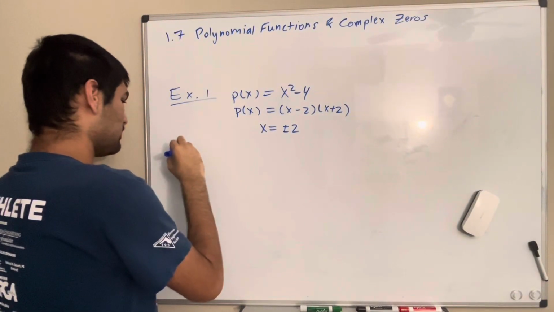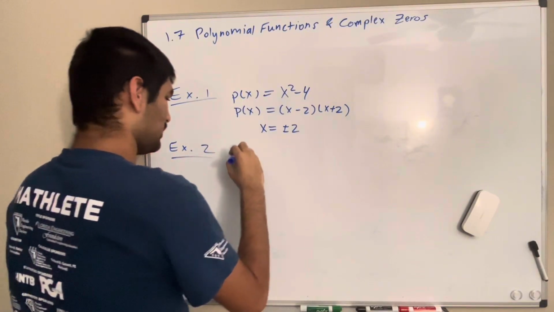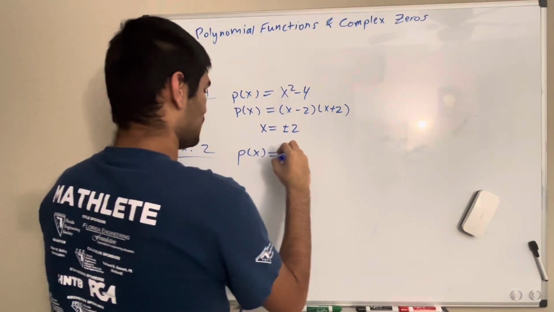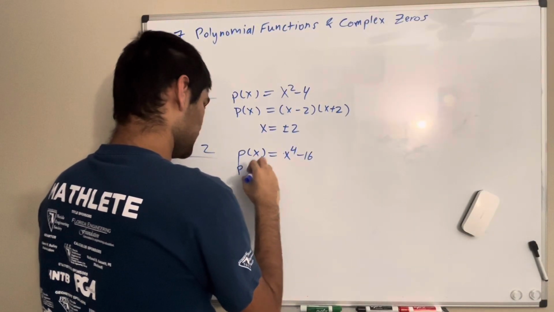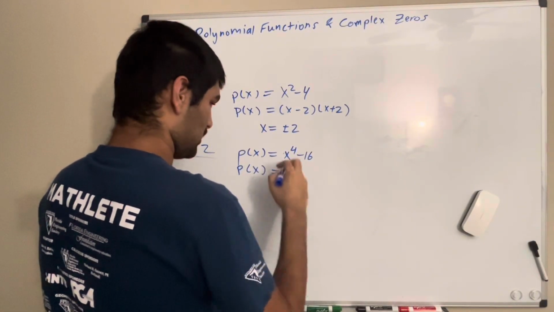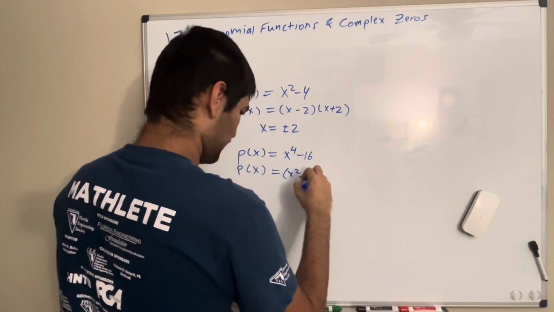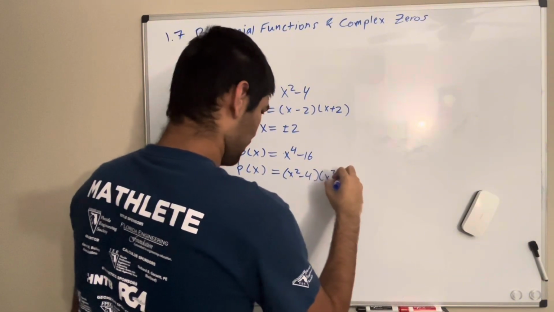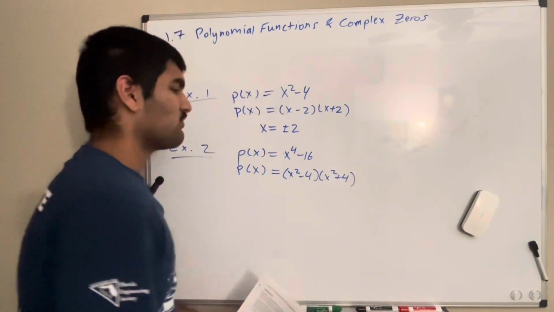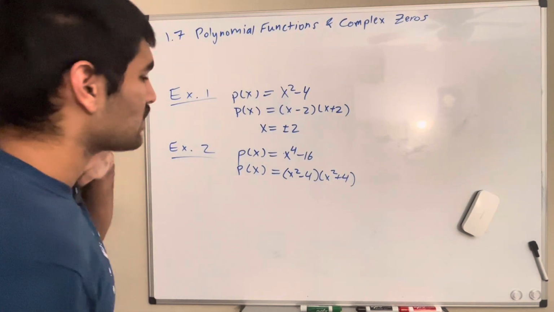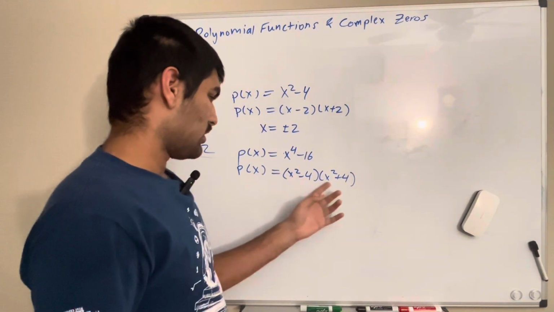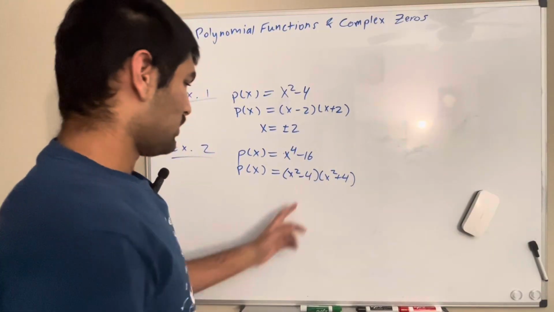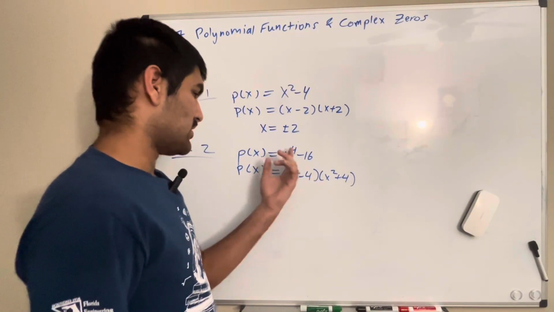Let's move on to a little bit more challenging problem. Let's say we have p of x equals x to the 4th minus 16. So again, this is also just the difference of squares. You would get x squared minus 4 times x squared plus 4. But the fundamental theorem of algebra guarantees that p of x should have 4 linear factors since the degree is 4.